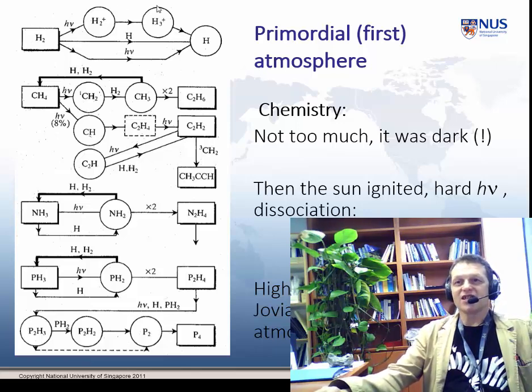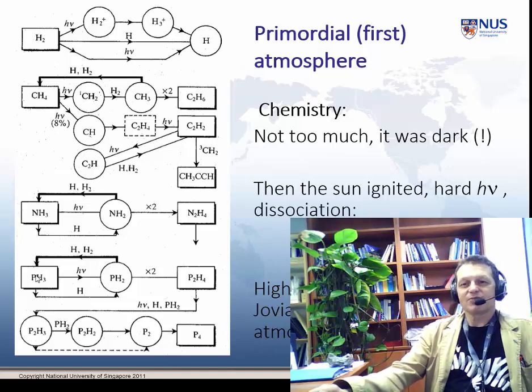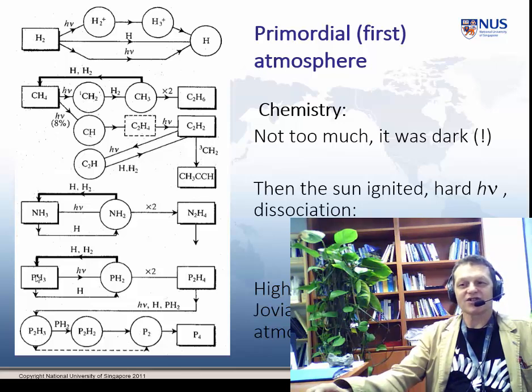So if we look at these elemental cycles for hydrogen, carbon, nitrogen, phosphorus, we have good spectroscopic evidence for the presence of these types of species in the upper atmosphere of Saturn and Jupiter. Therefore, we have no reason to think that they wouldn't equally have been in this early primordial atmosphere.